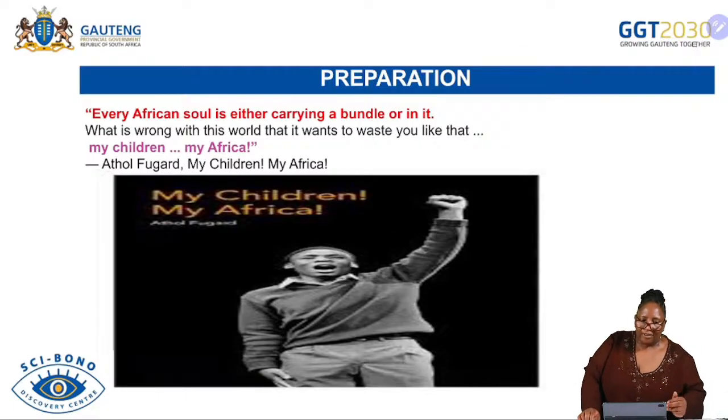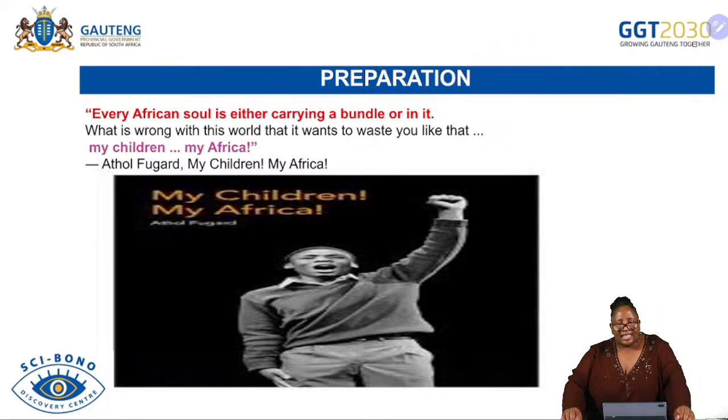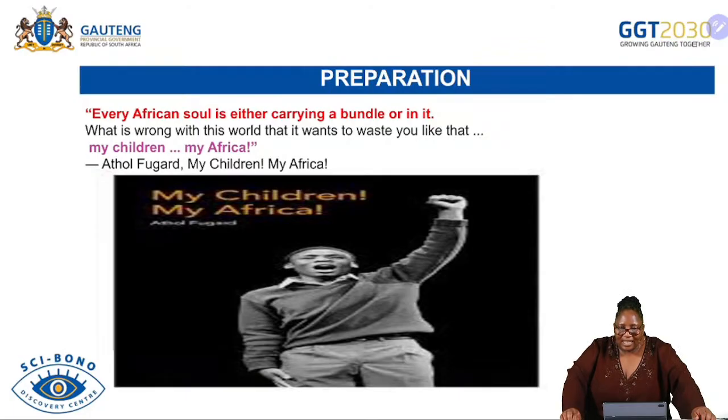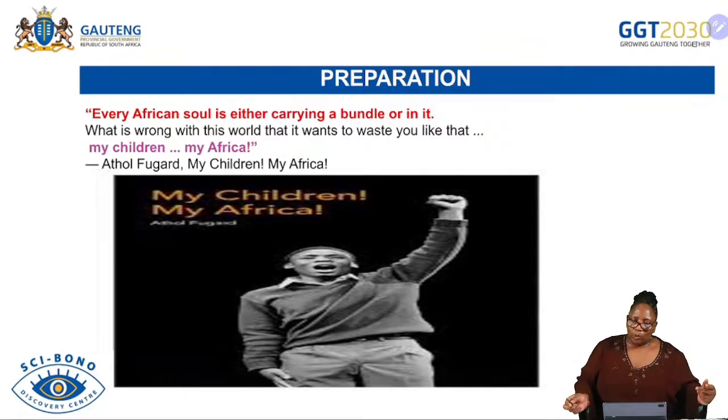My Children, My Africa. These are the words by Mr. M in the book written by Athol Fugard. Every African soul is either carrying a bundle or is in it. What is wrong with this world that it wants to waste you like that?